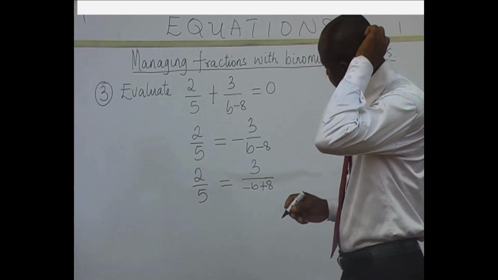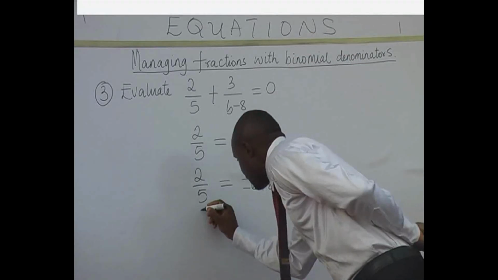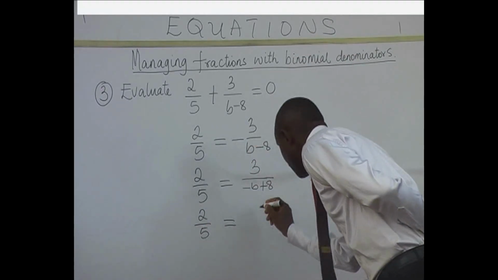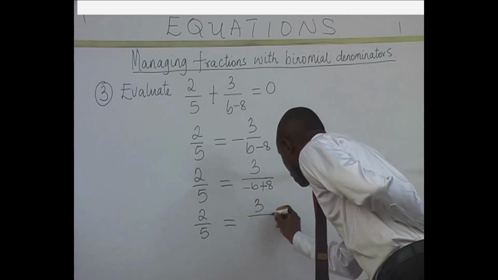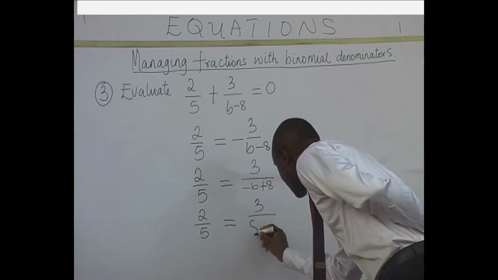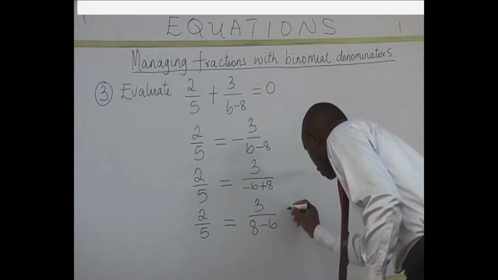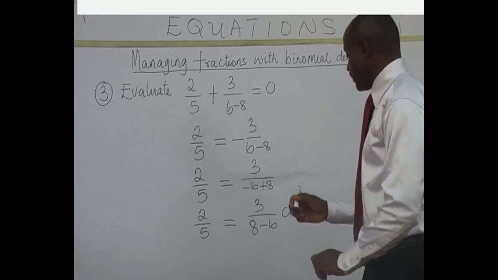I want to take it in bits. In the left hand side you have 2 all over 5 is equal to 3 all over, what this means is 8 minus b. At this junction you can now cross multiply.